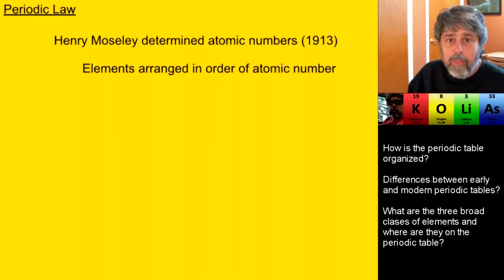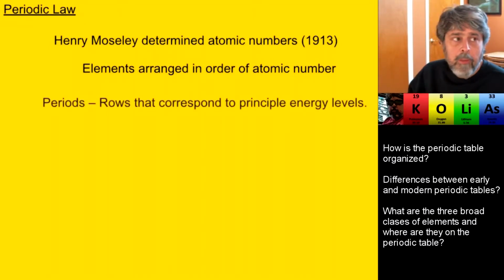It wasn't until 1913 that elements were arranged according to atomic number by Henry Moseley. Atomic number, that's how the periodic table is organized today. So there's two things we have to be aware of. Periods are the rows that go from left to right horizontally on the periodic table. We call those periods, and they correspond to principal energy levels.